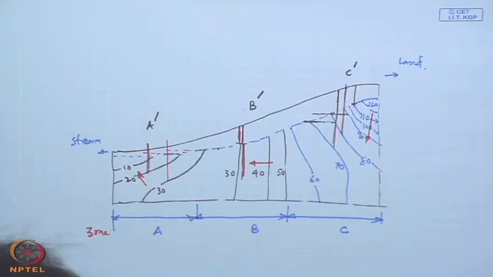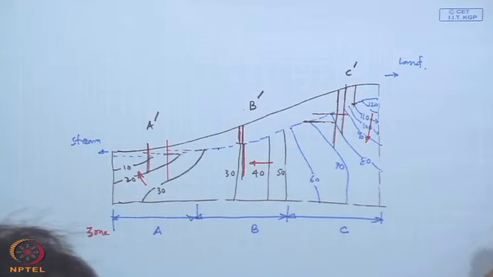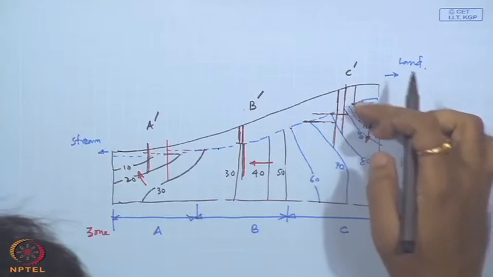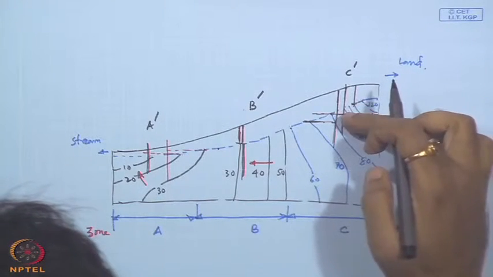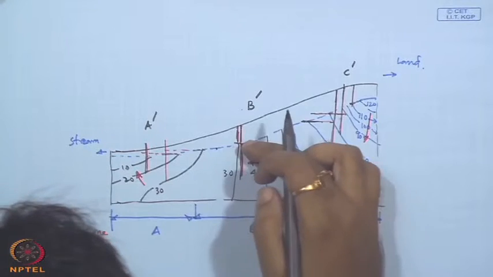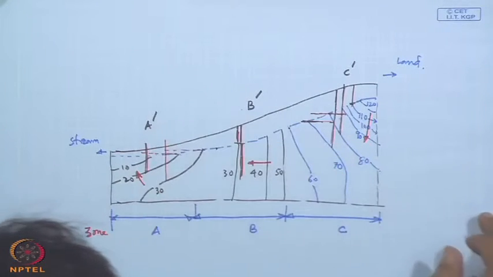So, we can say that in the first case this is lower than our water table. This is almost similar to the water table, there is not much deviation, but in this case it is higher.